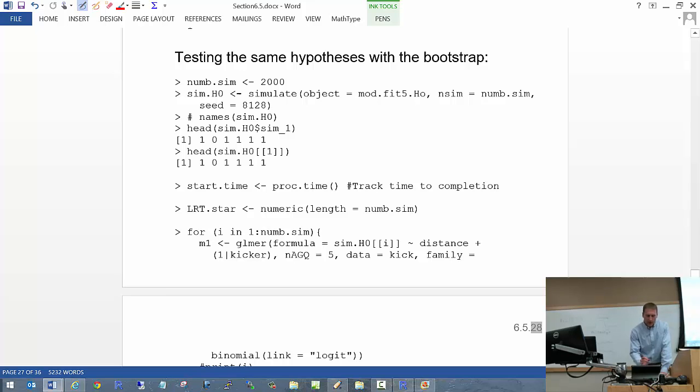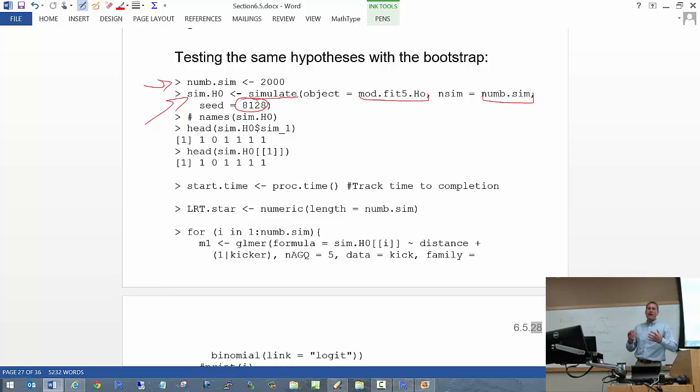So I'm going to set up for 2,000 resamples. To generate new simulated data from a particular model you've estimated, there's a nice little function in R that we haven't seen before called simulate. If I say simulate with object equal to my model under the null hypothesis, and ask how many different simulated data sets I want, 2,000, and put in a seed number so I can reproduce my results, I put the results into sim.h0.